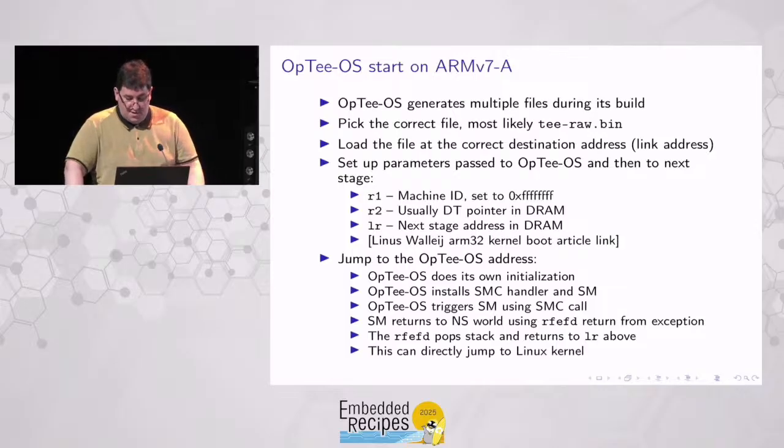The secure monitor actually signals to the OP-TEE OS that the initialization completed, and then it will pop the stack and attempt to return to whatever was in the link register. And whatever the OP-TEE OS is returning to, this will be running in non-secure mode. Usually that's going to be the Linux kernel entry point.